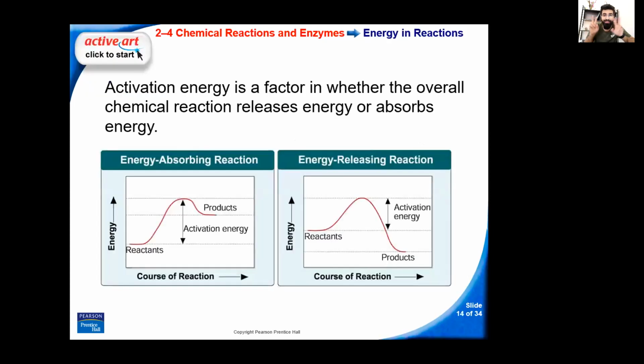When we say reaction rate, it means the time which is required to convert all the reactants into products. Got it? This is called the reaction rate.